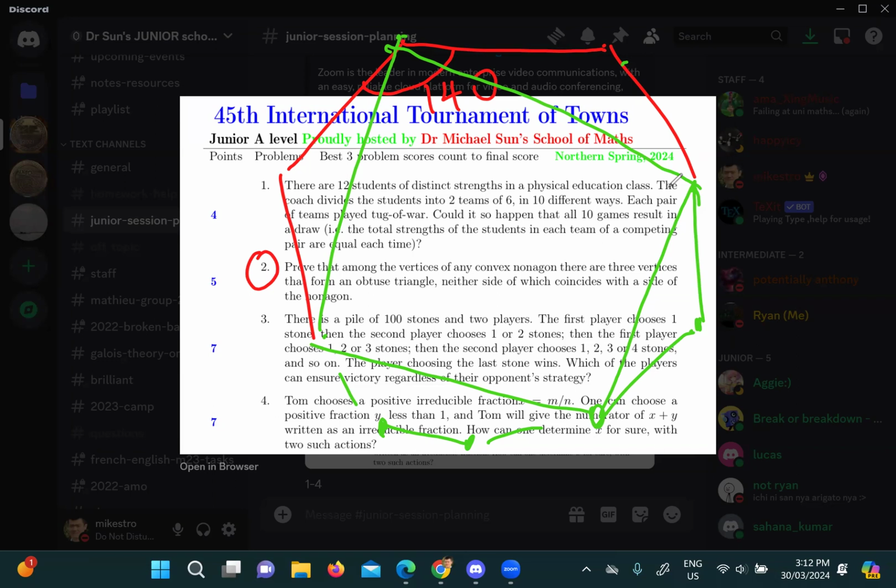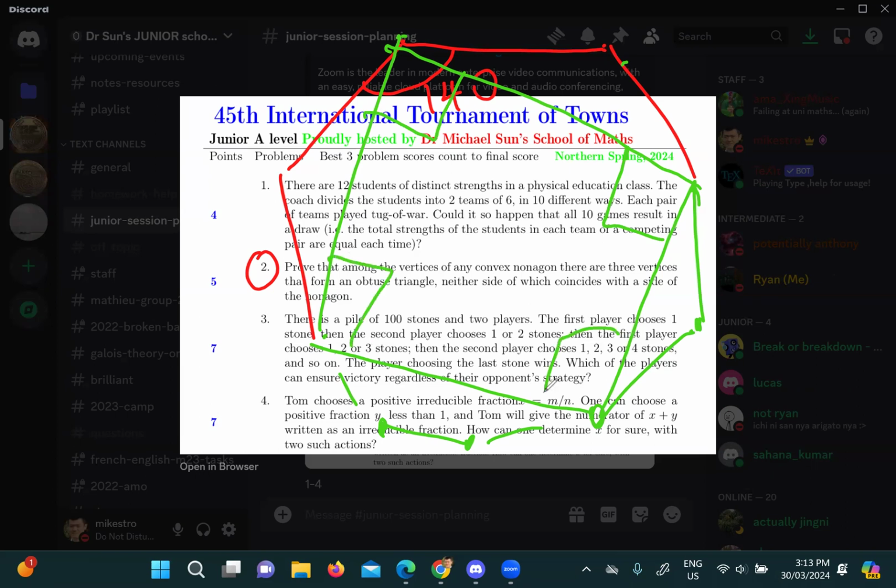But then they have to all equal 90, because if any of them was less than 90, it wouldn't add up to 360 anymore. So these angles are exactly 90, and then you're basically done.